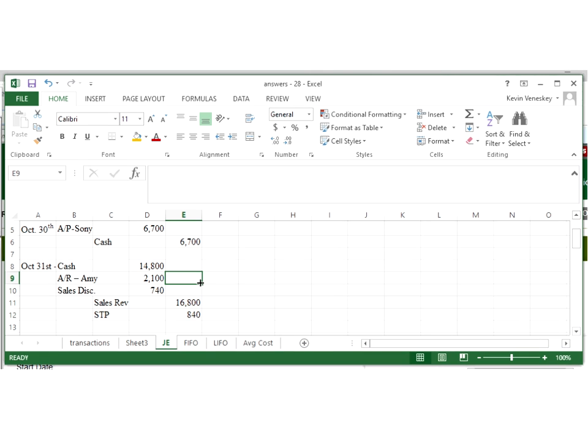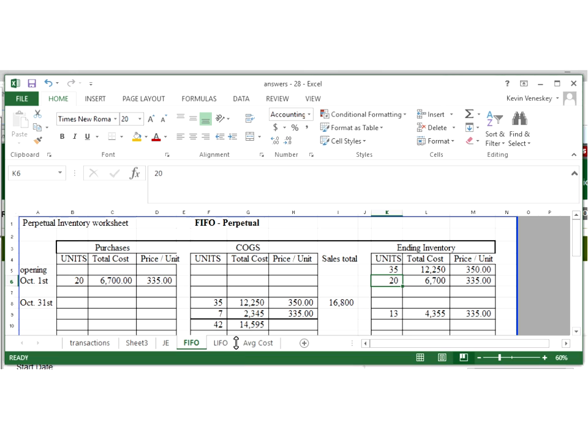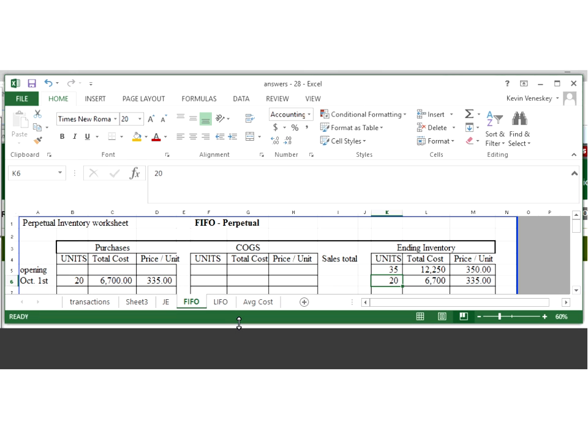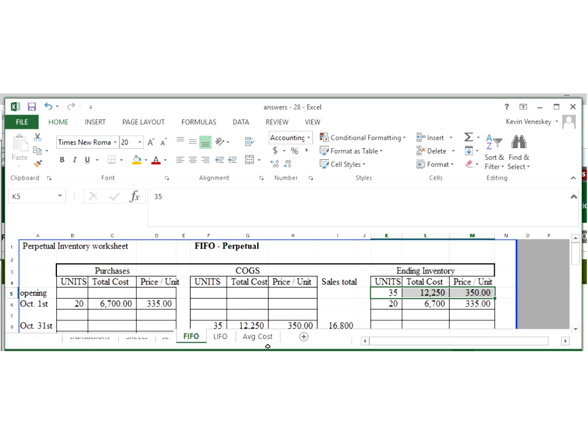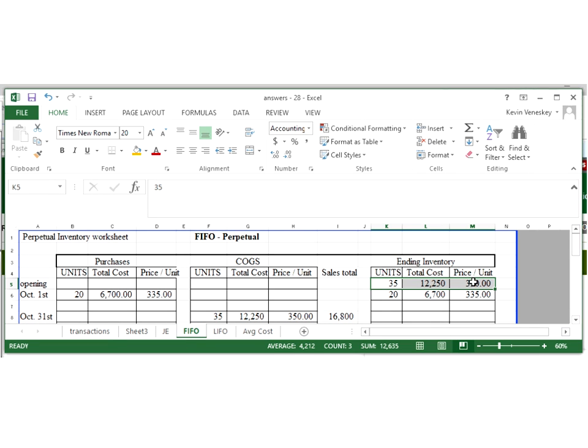Now what I'm ready to do, before I look at the shipping, is my normal Part 2 step. So I'm ready to look at FIFO, and remember I'm selling 42 items using FIFO. So first in, first out, if I'm selling 42, I'm selling all 35 items that cost $350.